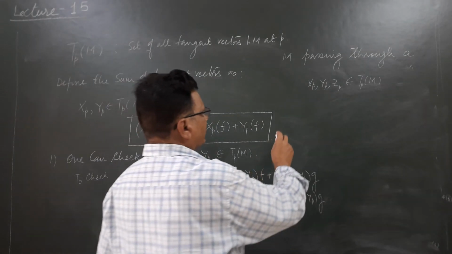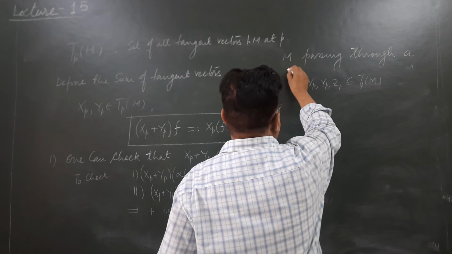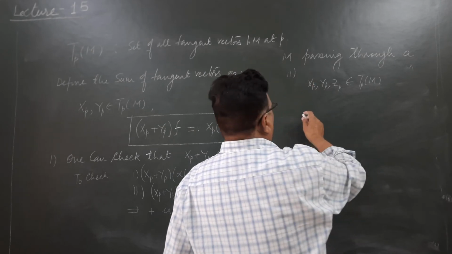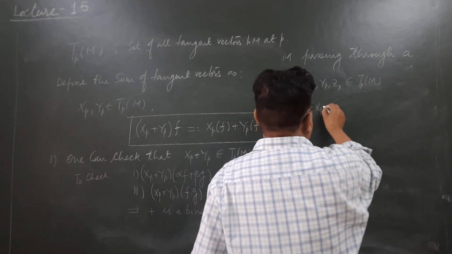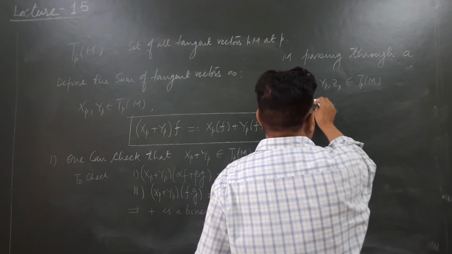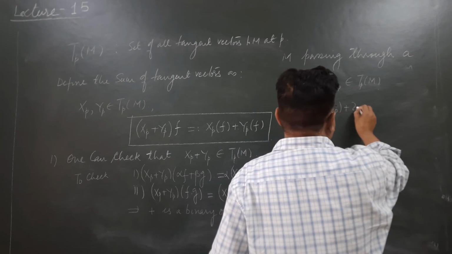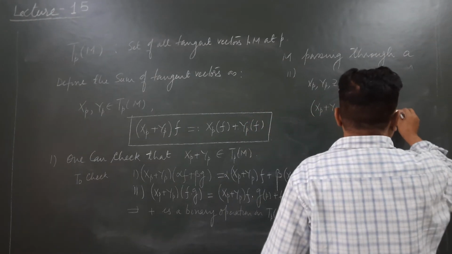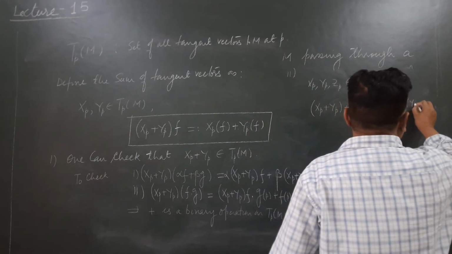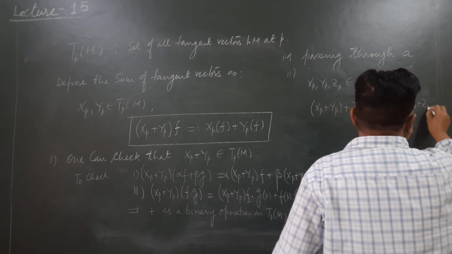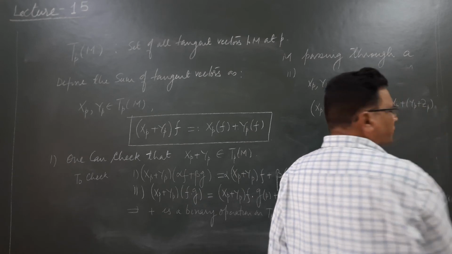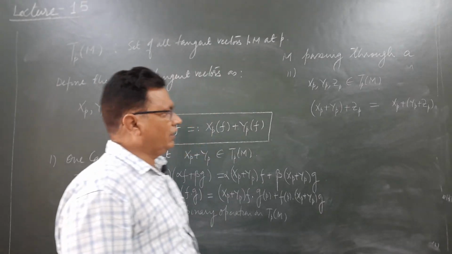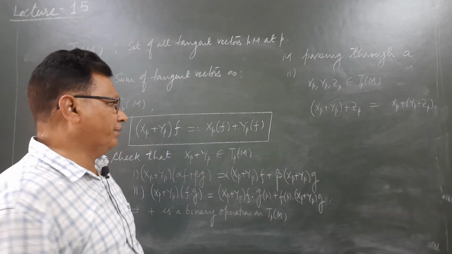This is the second step that I am doing. I will take the sum of these three tangent vectors like this. Then I will take the sum in this manner, YP plus ZP, and then check that these two sums are same for any three tangent vectors at P.